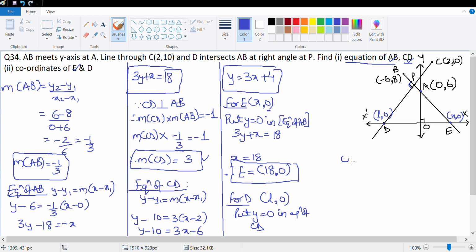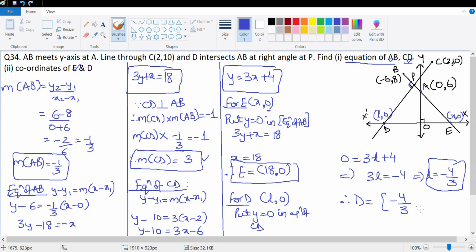So 0 is equal to 3x, in this case x is L, so 3L plus 4, which means 3L is equal to negative 4, which means L is equal to negative 4 upon 3. Therefore D is (-4/3, 0). So we figured out the coordinates of D as well. Wonderful. Let's look at the next question.